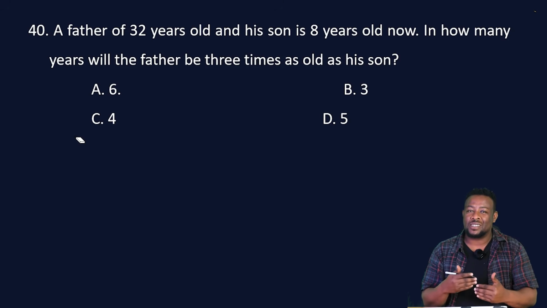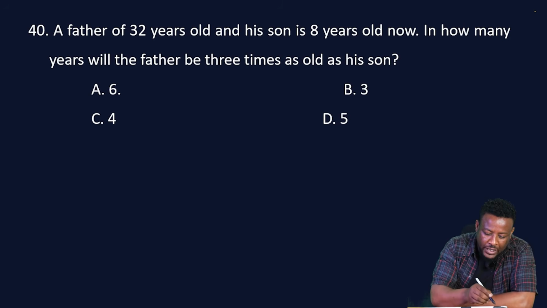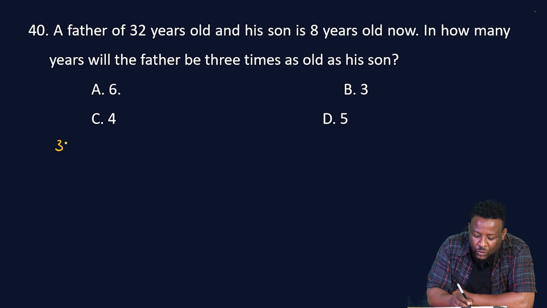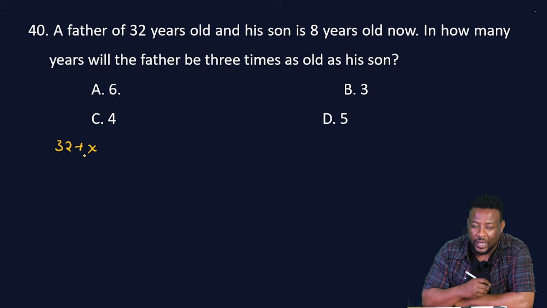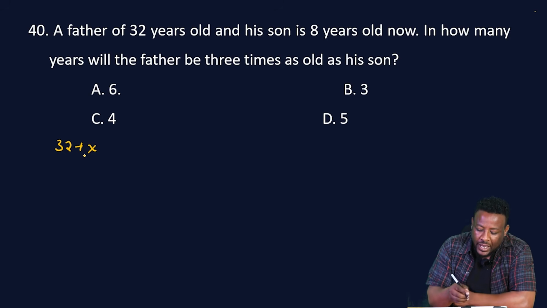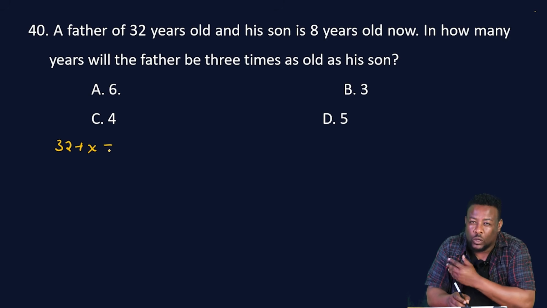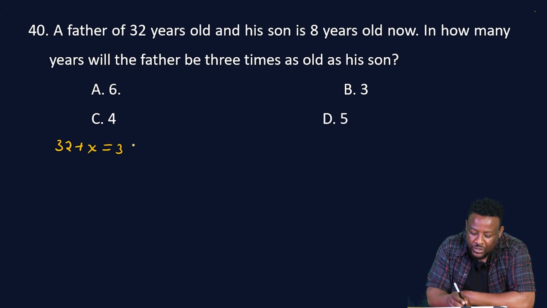To answer this question, let x be the number of years it takes for the age of the father to be 3 times his son's. We can write 32 plus x as the age of the father. We want to equate 32 plus x with 3 times 8 plus x.